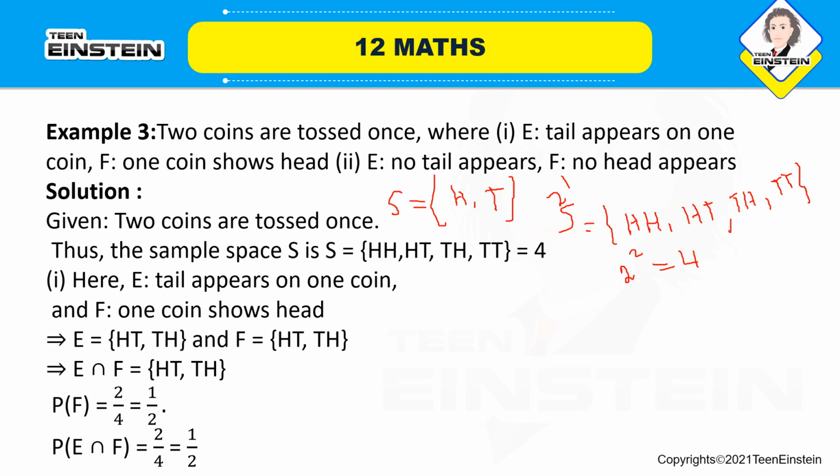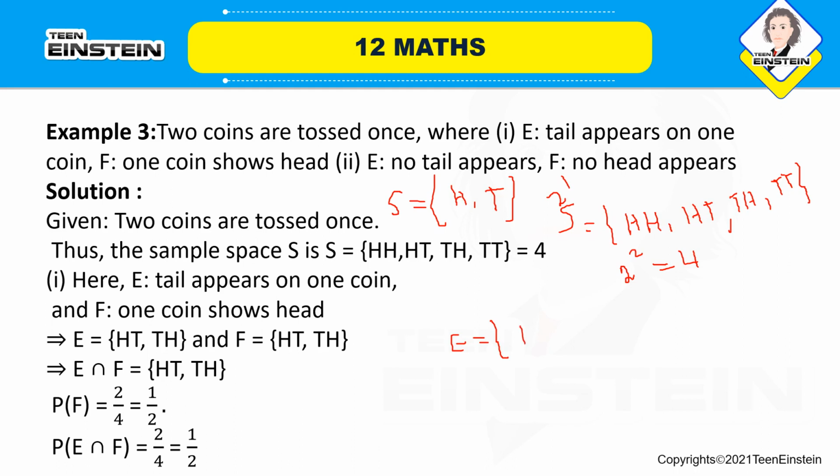So how will E be? E is appearing tail on one coin. We are getting tail only, not head. In the event E we are speaking about tail, not about head, right?